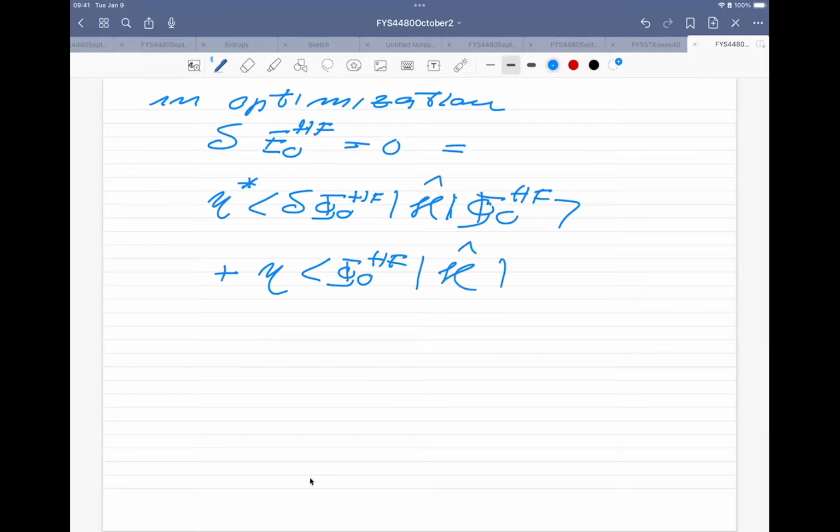I should remember to put hats to show that these are actually operators. So we want to drive these equations to 0.